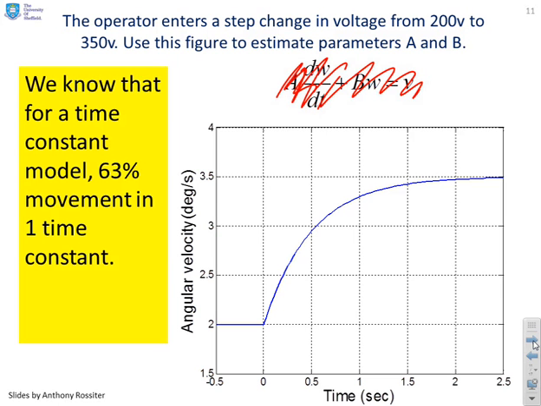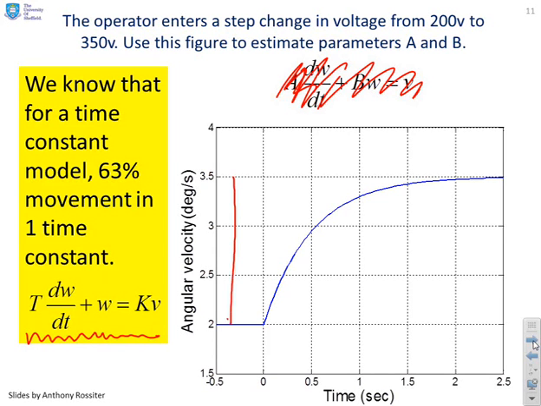I know that for a first order model in time constant form, so there's the time constant form, T d omega/dt plus omega equals kv, then I get 63% movement in one time constant.